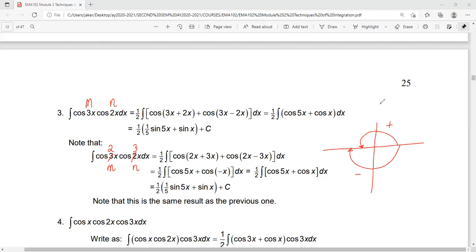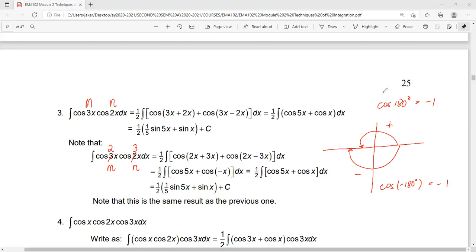In the case of the cosine, let's say cosine of 180 degrees, that's negative 1. Here, it's cosine of negative 180 degrees because the manner of measuring is clockwise. So it's still negative 1.